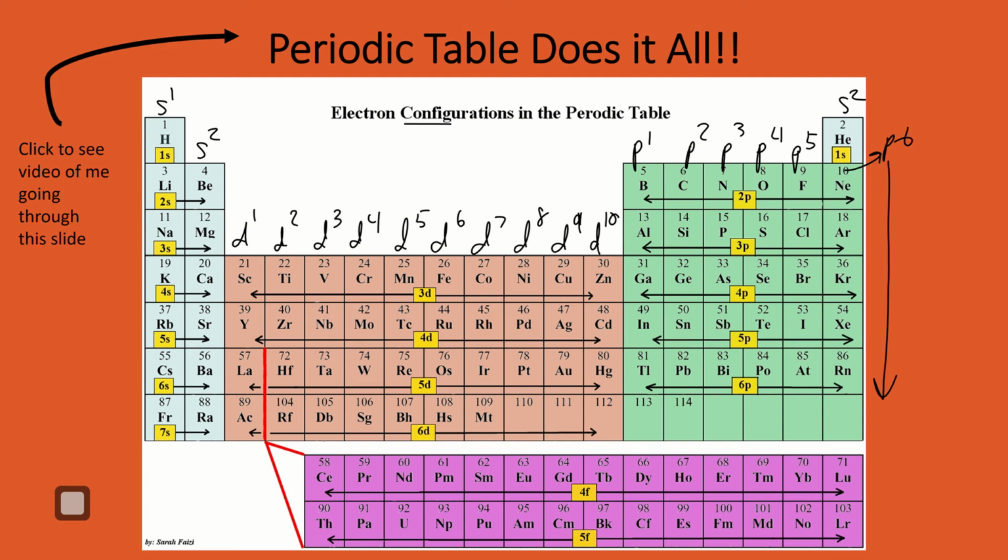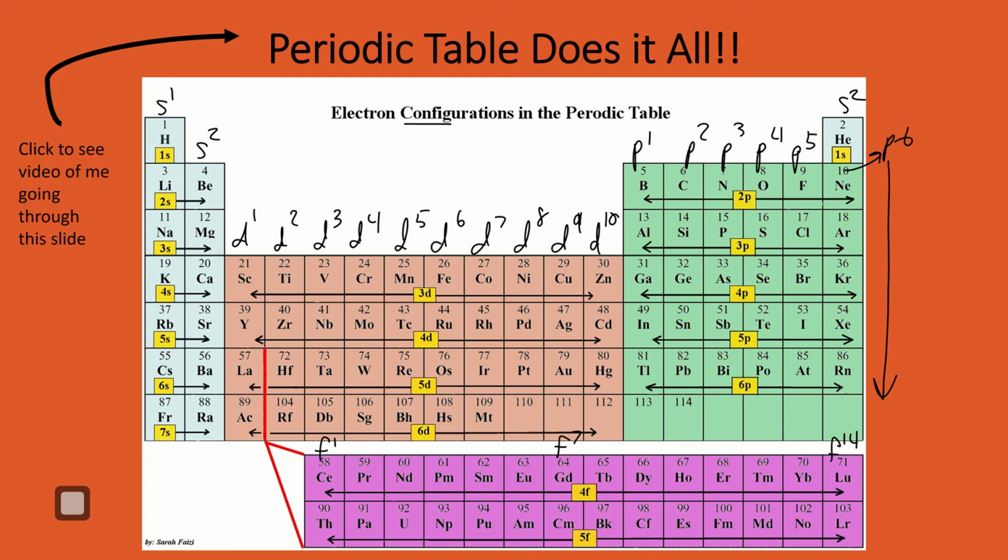And then down at the bottom, we actually have to go from F1 to F14. I'm not going to write all of these out. So 1, 2, 3, 4, 5, 6, 7; I'll put F7 right there. Then 1, 2, 3, 4, 5, 6, 7 again, and it goes all the way up to 14.